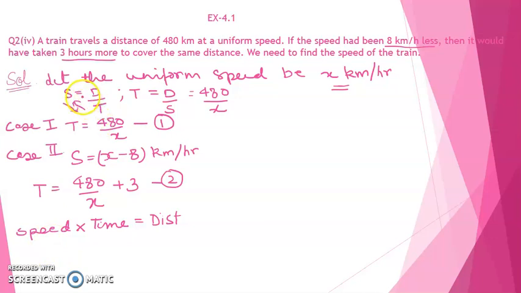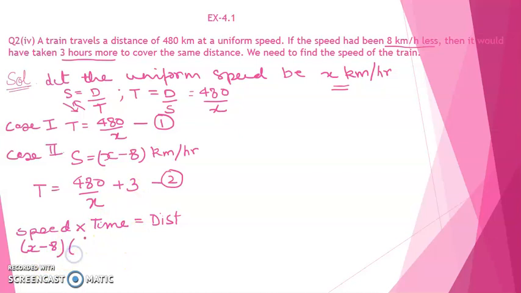I'm just interchanging these. Okay, speed is equal to distance upon time. Time is equal to distance upon speed. Are you following? So the speed is x minus 8, right? So you write speed x minus 8. Clear? What is time?